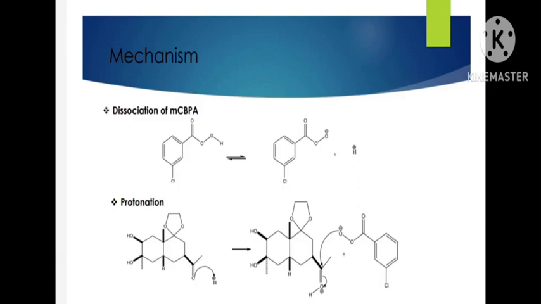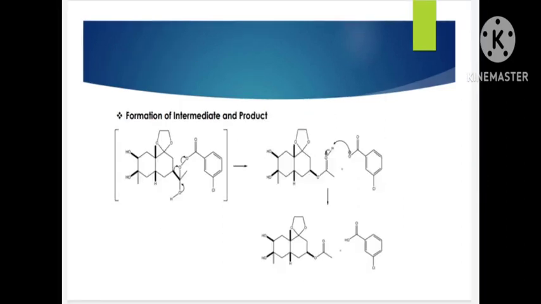And the next step is the formation of the intermediate, in which a conjugate base as a nucleophile attacks the carbonyl carbon, and one of the double bonds is shifted onto the oxygen atom. Here, by the attack of a nucleophile on the carbonyl carbon, the formation of a tetrahedral intermediate is shown.